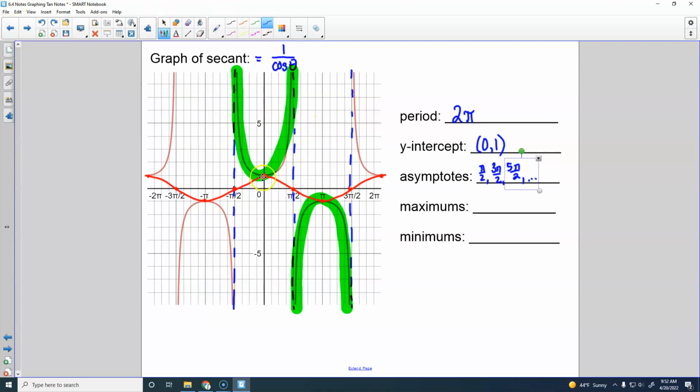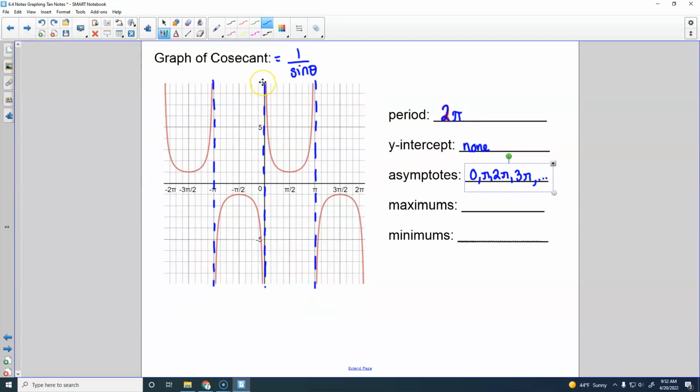The y-intercept is just the place that it crosses the y-axis. So because you don't have a vertical asymptote at the y-axis, you are going to actually cross it. So it's just the coordinates of that point. It's only whenever you have the vertical asymptote at the y-axis that you're going to end up not having that y-intercept.